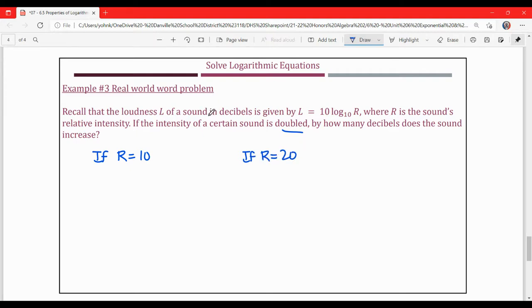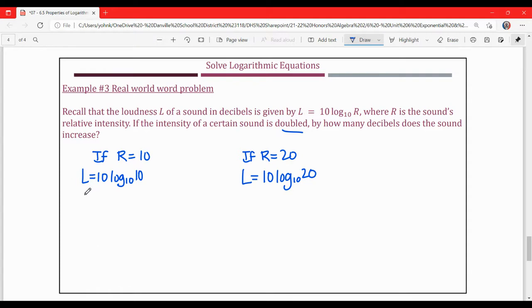It says if the intensity is doubled. Well, it doesn't say what it starts with, so pick something that it starts with, then double it, and then we're going to compare our answers in the end. So we have L equals 10 log base 10 of 10, and over here we have L equals 10 log base 10 of 20.